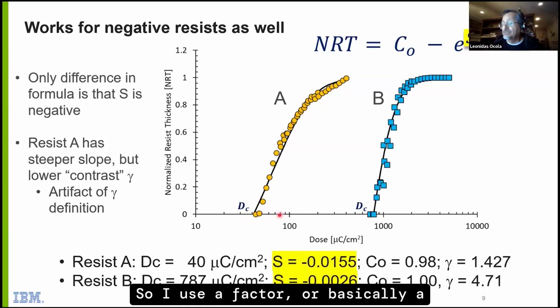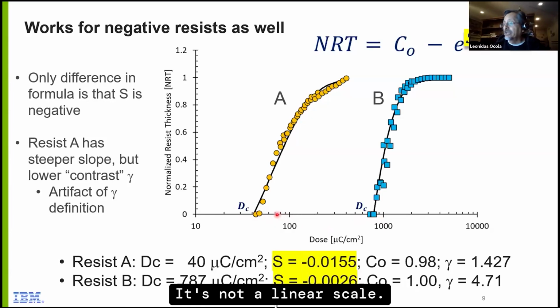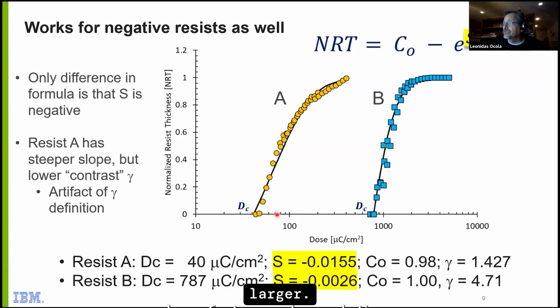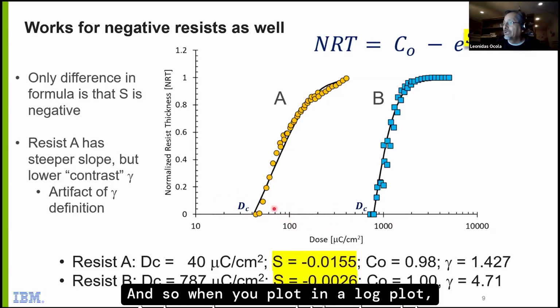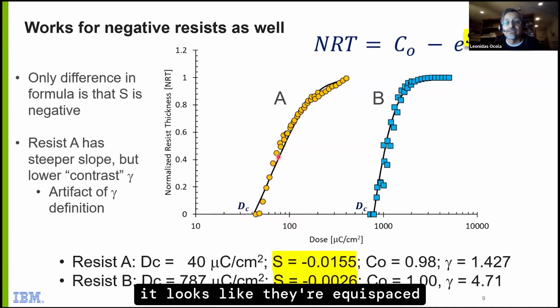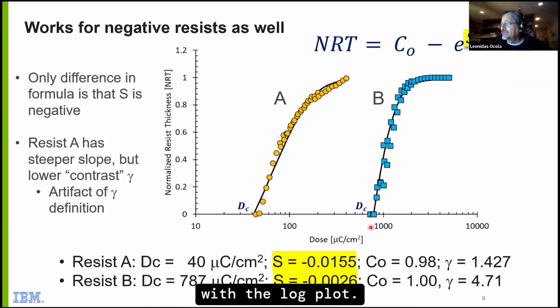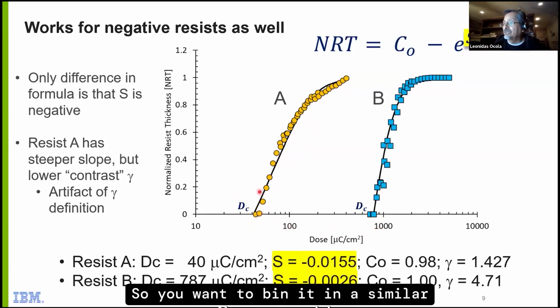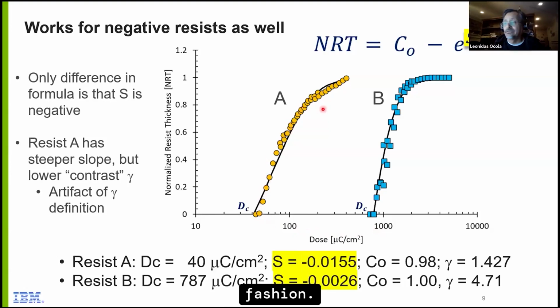So I use a factor, or basically a product. It's not a linear scale. The bins increase by a factor each time, getting larger and larger. And so when you plot in a log plot, it looks like they're equispaced. The reason is that this property of the resist scales with the log plot, so you want to bin it in a similar fashion.